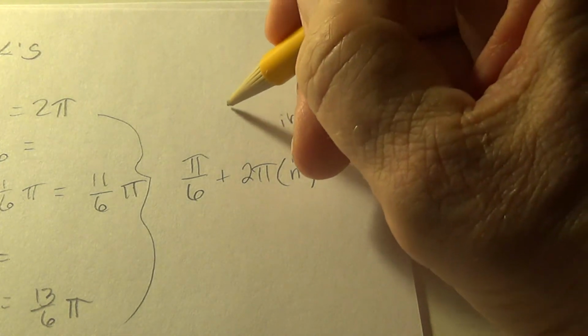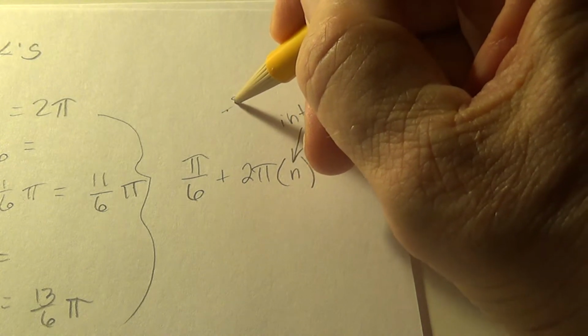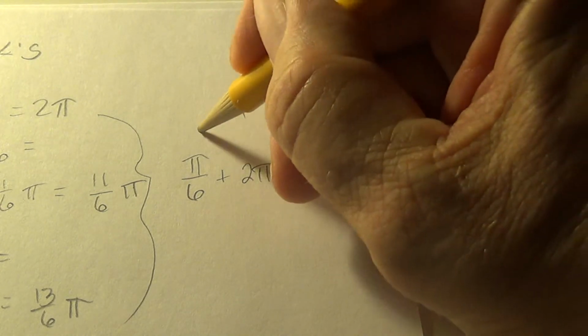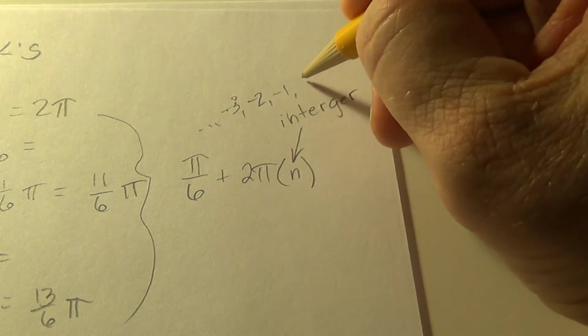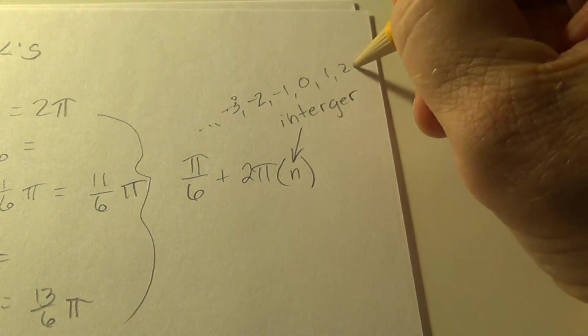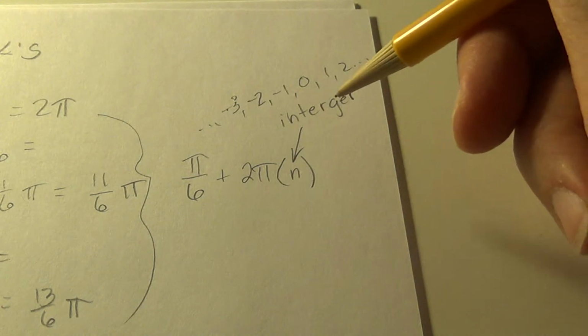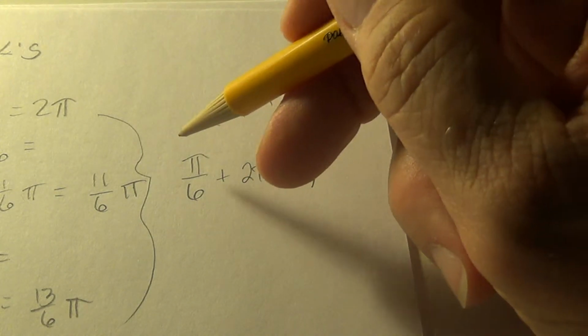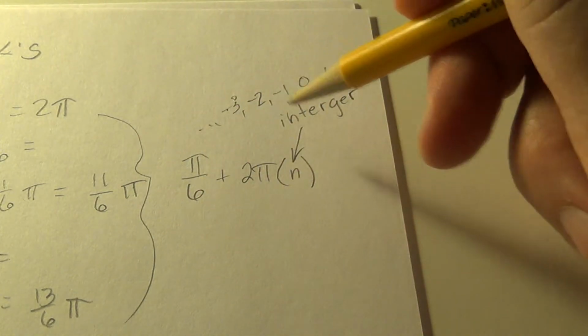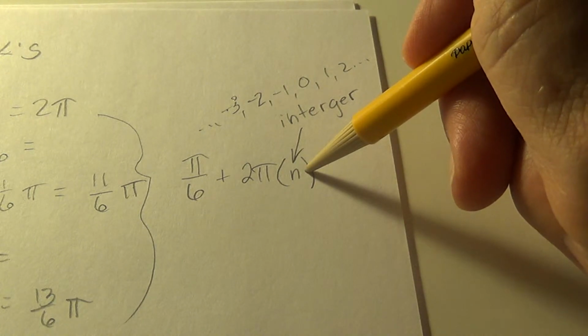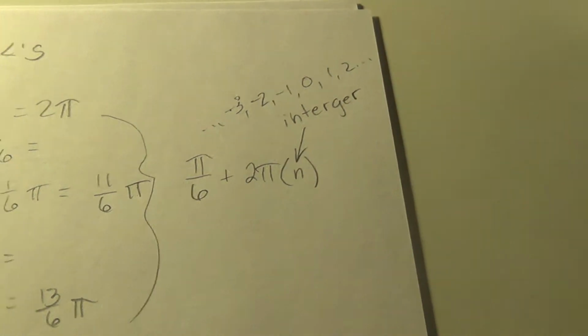And the integers are like -3, -2, -1, 0, 1, 2, etc. on both ends. So we can catch every single one of these in this very broad statement. This will get all the positive coterminal angles and the negative ones.